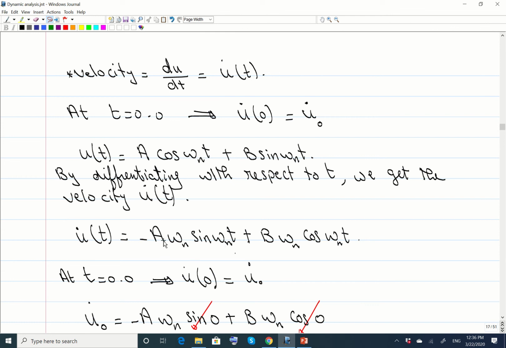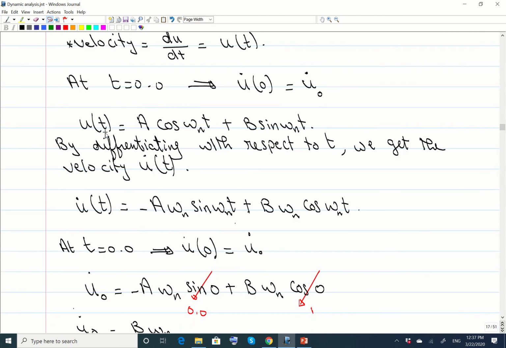So we get negative a omega n sine omega nt, and then the differentiation of sine omega nt is cosine omega nt multiplied by omega n, so plus b omega n cosine omega nt. This is simply differentiating those two terms with respect to time.